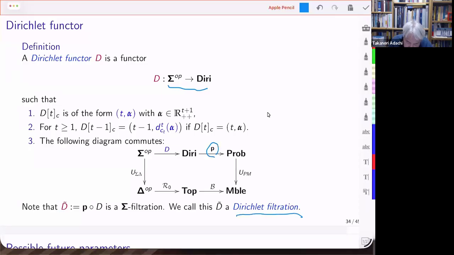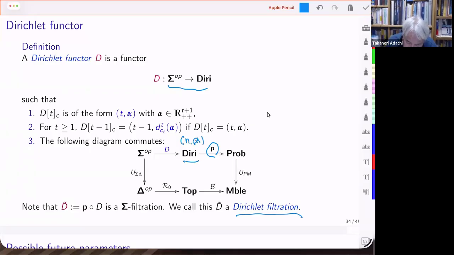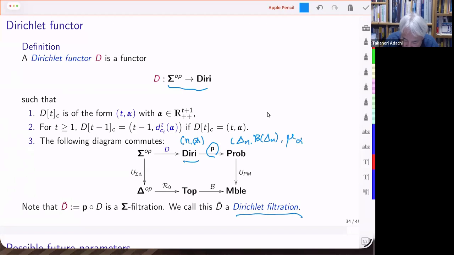P is just from DD. An object is a pair of n and alpha, and we have the delta_n, the Borel sigma algebra of delta_n, and mu_alpha, which is mapped by P, and D is the Dirichlet functor I just defined.